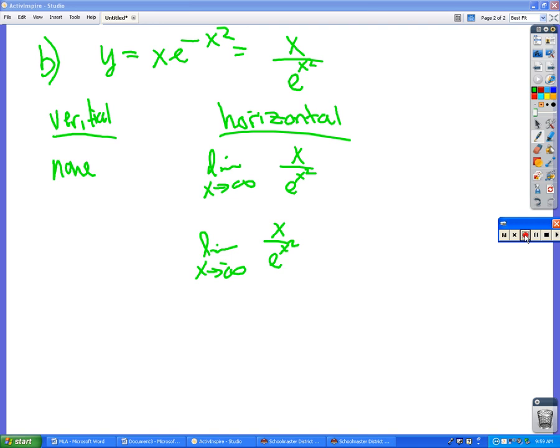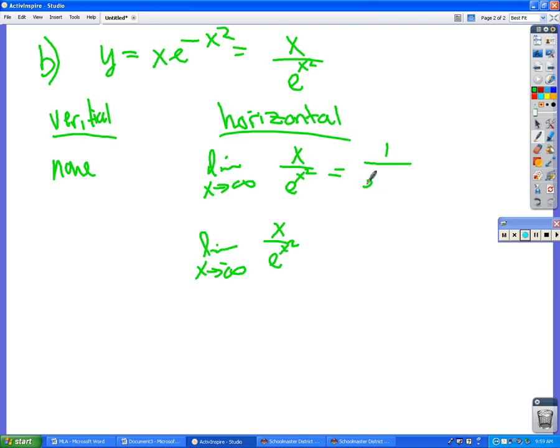Okay, so to find the horizontal asymptotes, you have to find the limit as x approaches infinity. If you plug infinity in there, what do you get? Infinity over infinity. And so how do we solve that problem? L'Hopital's rule, so we take the derivative of the top and the bottom.